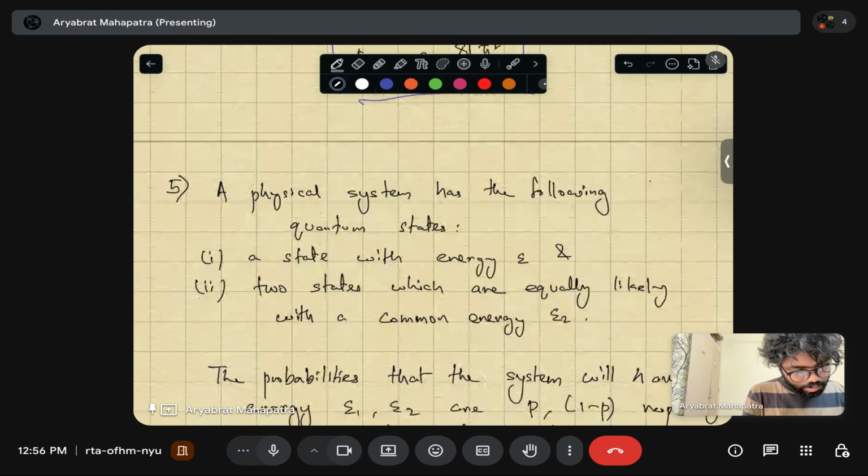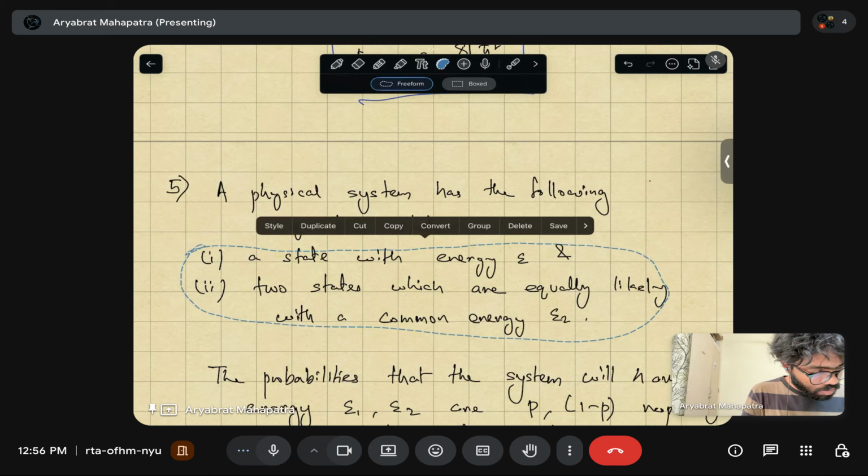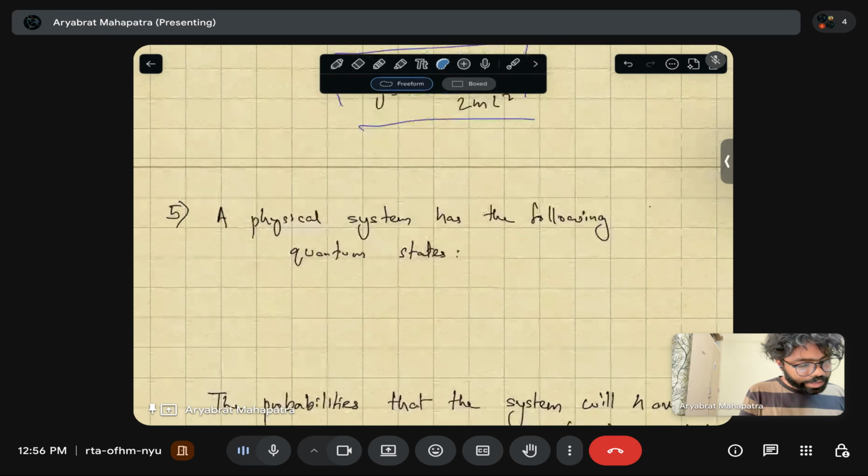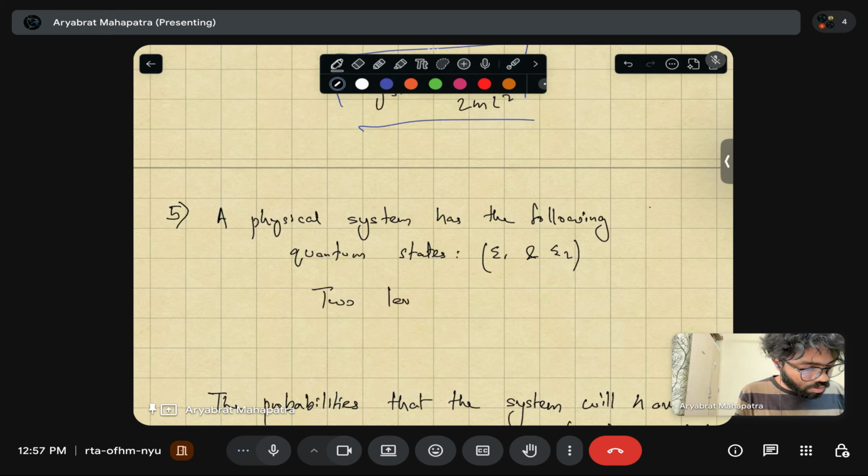Let's forget about this part. Think of epsilon 1 and epsilon 2 as energy level states, a two level system.